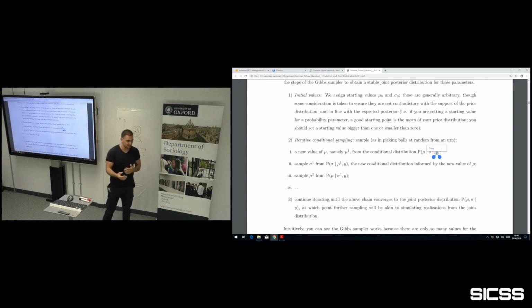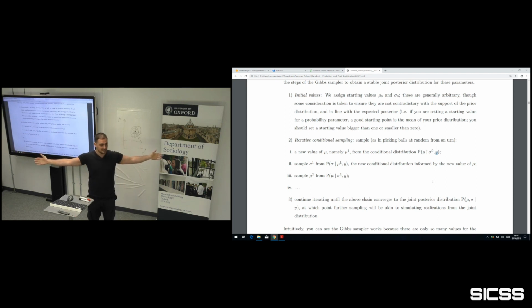The reason why it doesn't converge sometimes is because your data is too sparse, and then, as we were saying in front, there are all sorts of places where this algorithm could be. It could be over here, over there, over there. And so there's an infinite or non-tractable amount of combinations of mu and sigma that are coherent with your data, because your data is so sparse. Does that make sense? Okay.